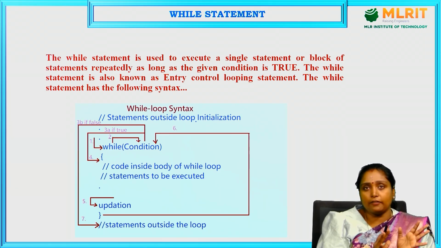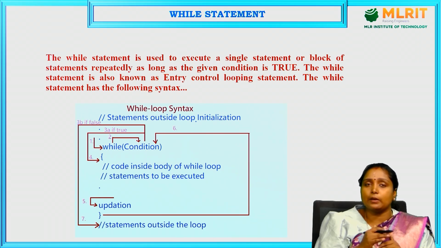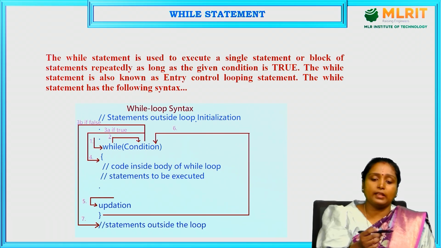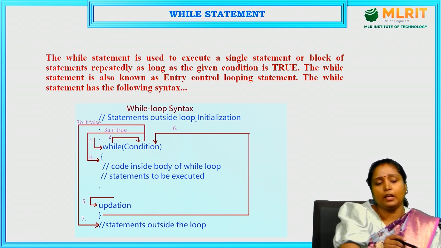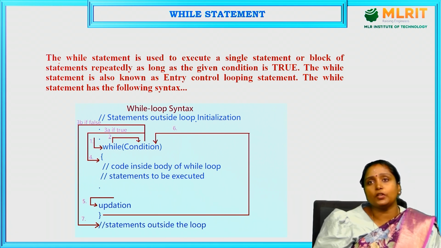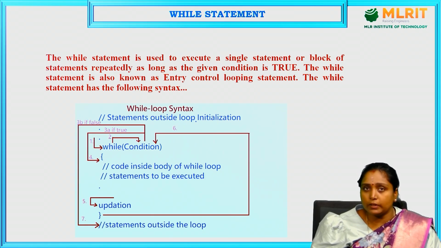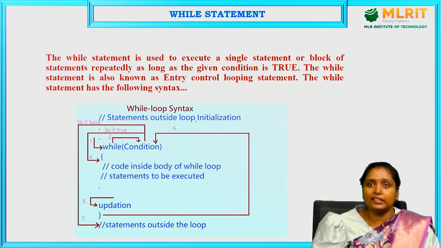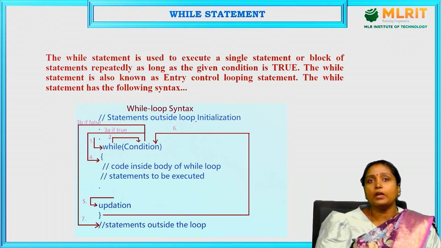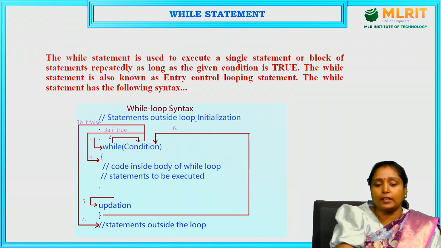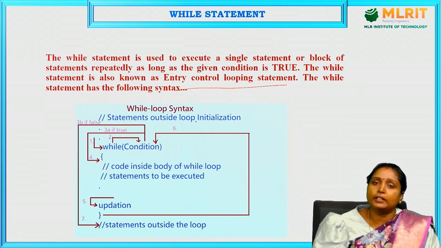Once the condition becomes false, it will come out of the loop and stop repeating the statements. So the same thing you will have for the while, do while and for loop, but with small differences. The while statement is used to execute a single statement or block of statements repeatedly as long as the given condition is true. Once the condition becomes false, it will come out of the loop. The while statement is also called an entry control loop statement or pre-test loop.